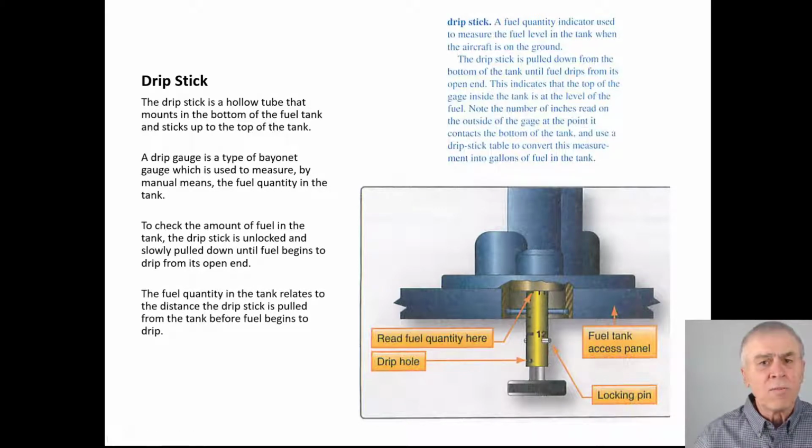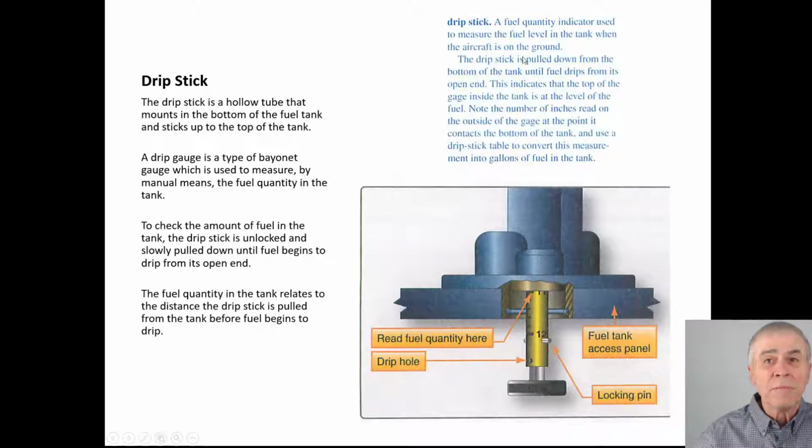Dripstick. A large transport category aircraft will normally have a way for ground personnel to actually physically look at how much fuel is in the tank. And one of the more irritating methods of doing that is a drip stick where the fuel actually drips out.